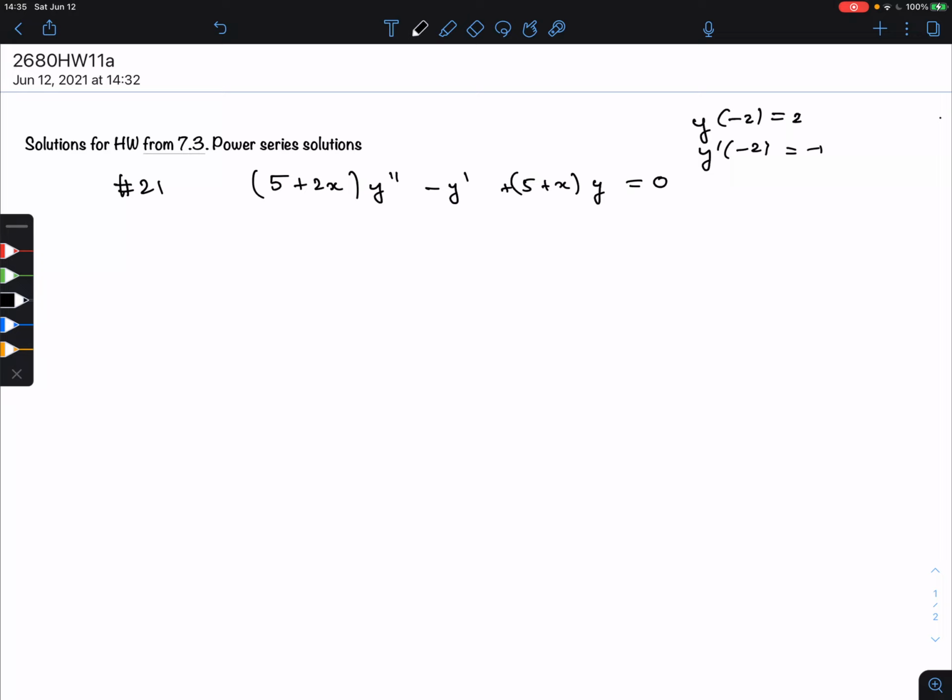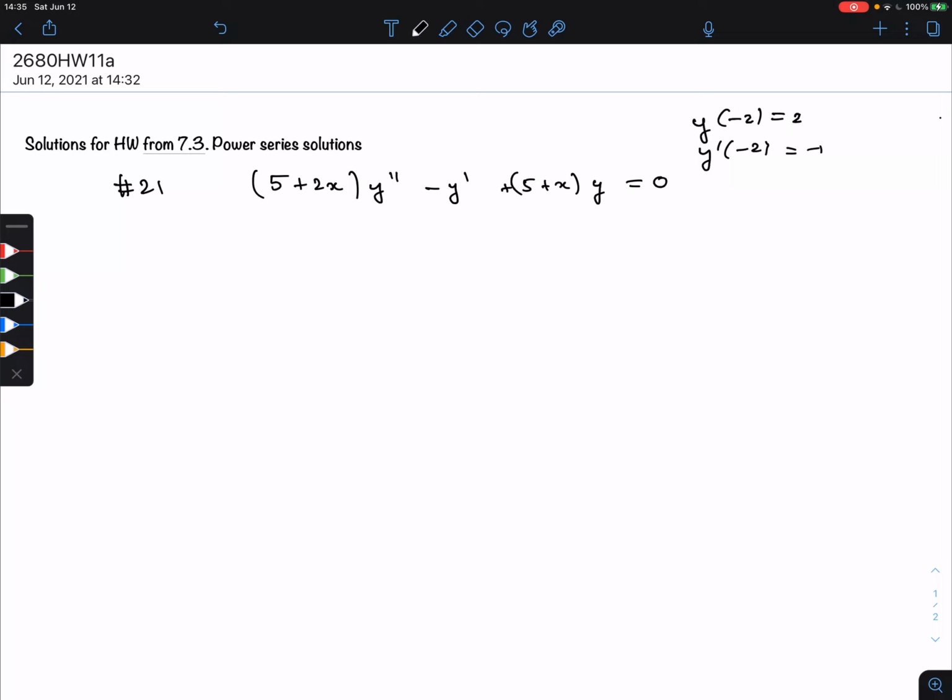In other words, y is the summation of an times x minus minus 2, so x plus 2, to the power n. Very quickly we need the derivatives, and y double prime is summation n times n minus 1 an x plus 2 to the power n minus 2.